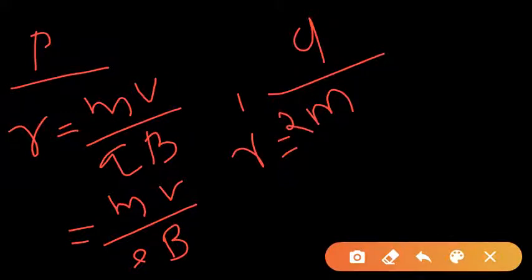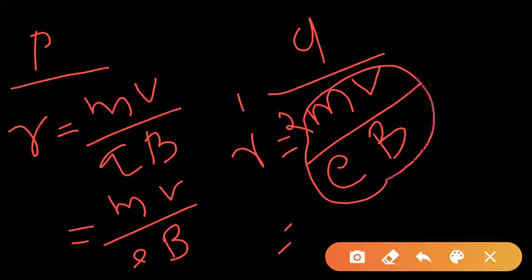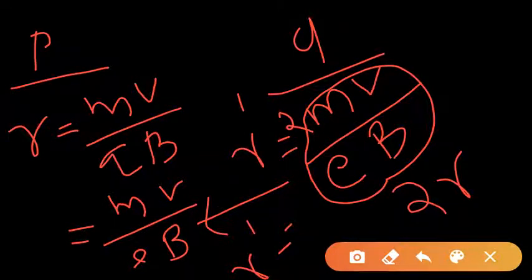Suppose all the particles are moving with the same velocity v, divided by charge q is equal to e. We have got the charge of deuteron is equal to e, and all are in the same magnetic field B, equal to 2mv divided by eB. It is radius of proton now. Therefore, we will get 2r. r dash is equal to 2r.